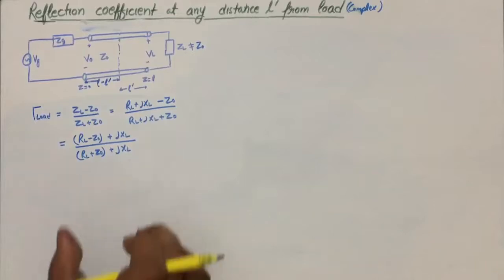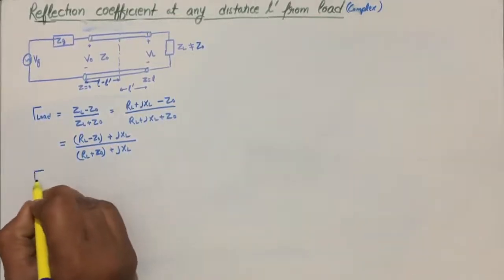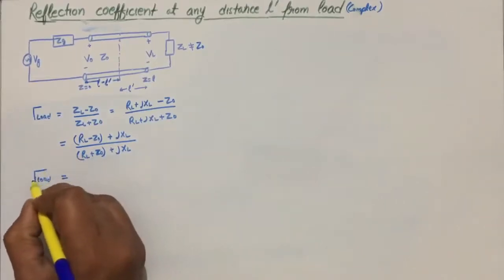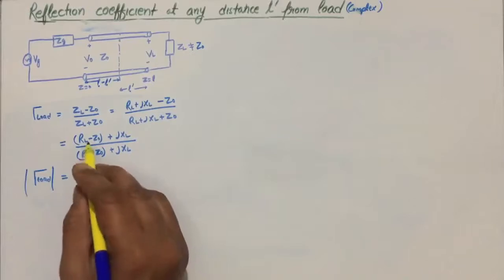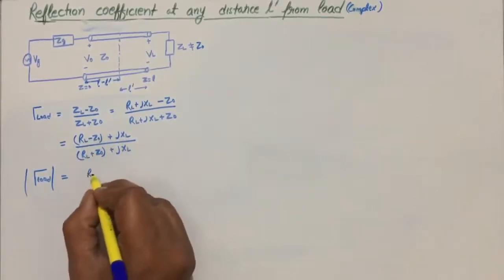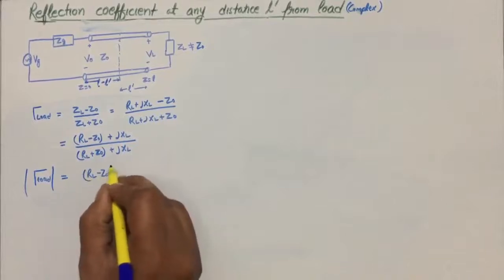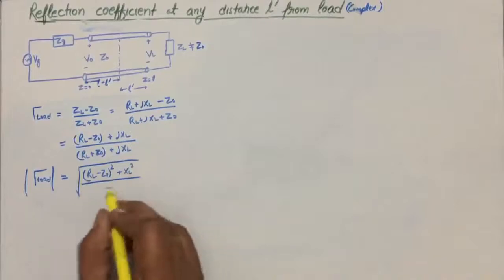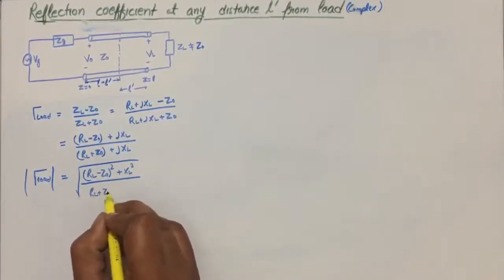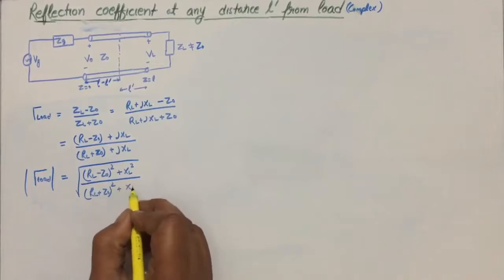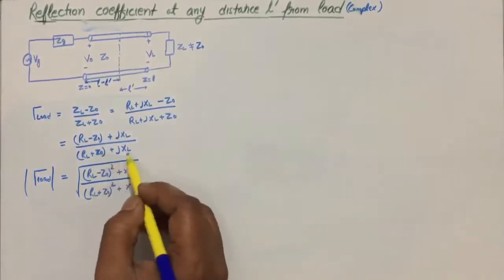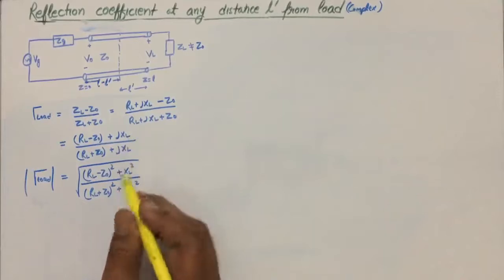And if we try to find the magnitude of this, then we can say it will be the square root of RL minus Z naught squared plus XL squared, divided by RL plus Z naught squared plus XL squared. We can write it like this, and as it is the complex one, there will be a phase as well.